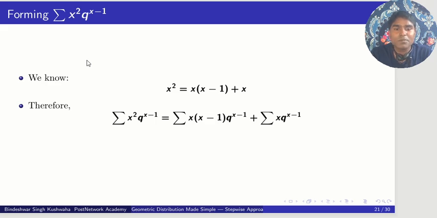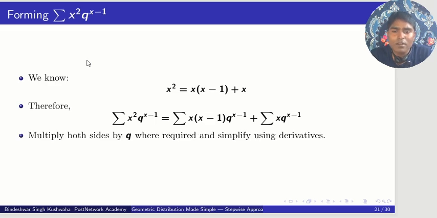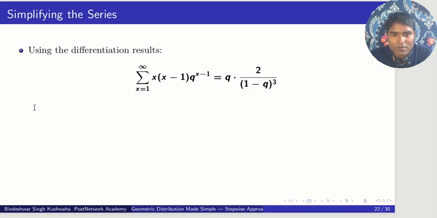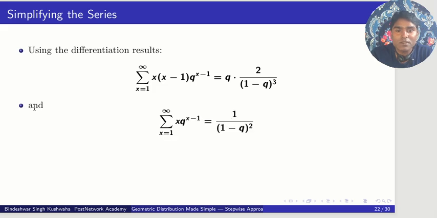So here you can express this, and thereafter if you multiply both sides by q and simplify, you will get this expression q into 2 upon 1 minus q raised 3. And this one we already know.